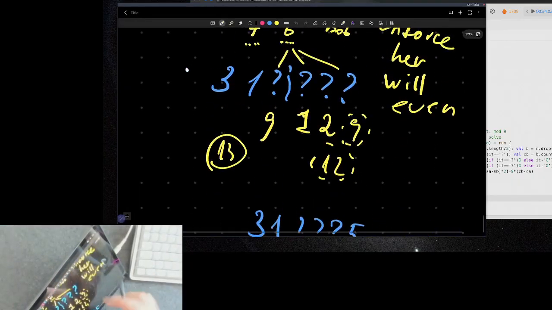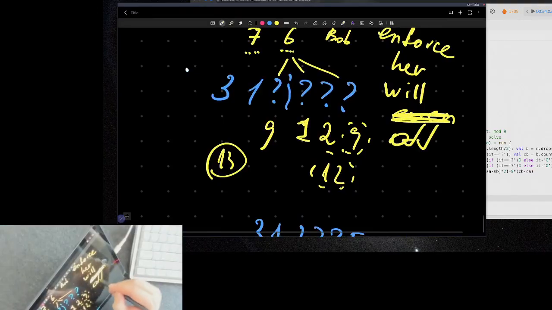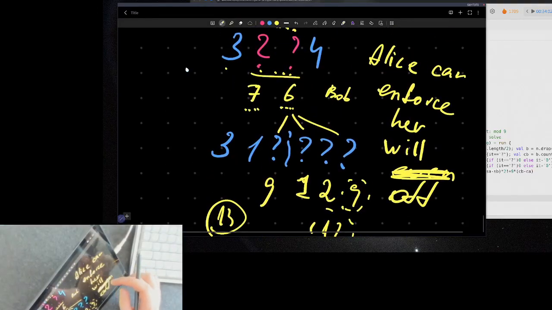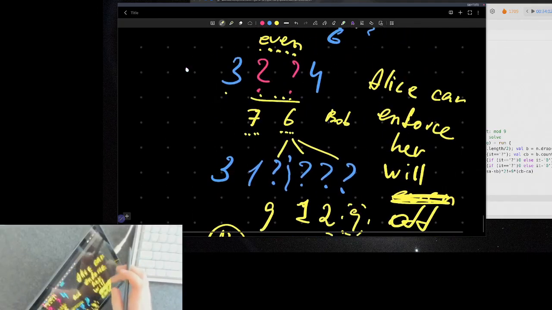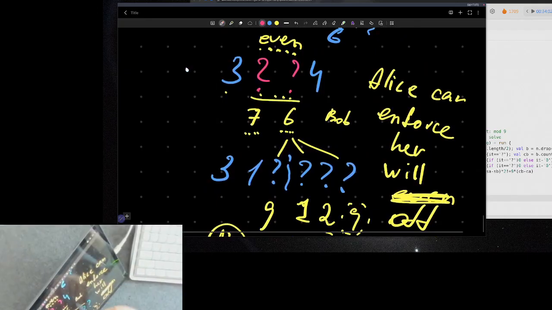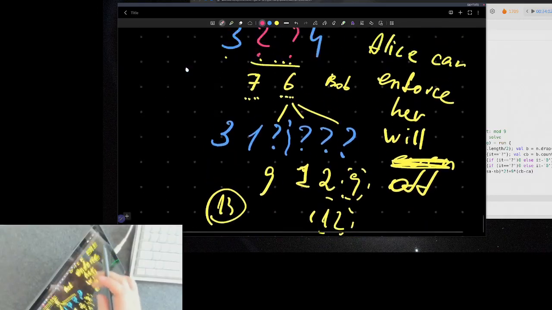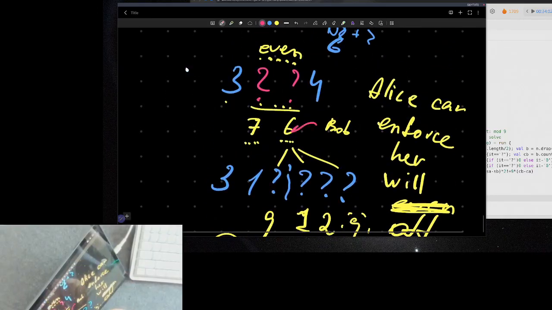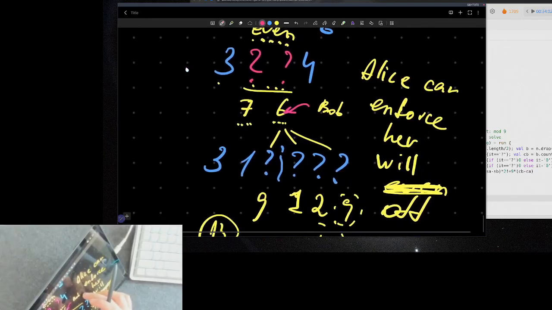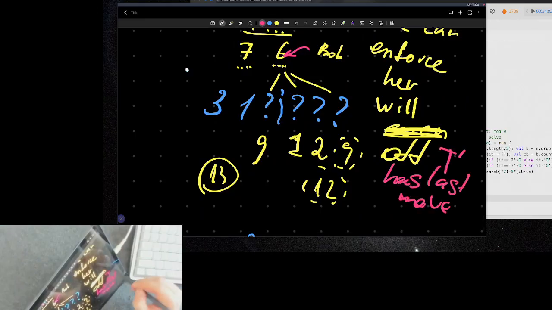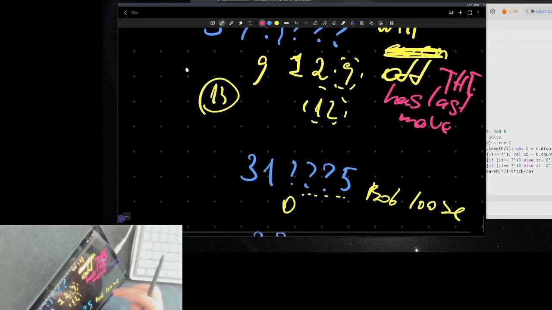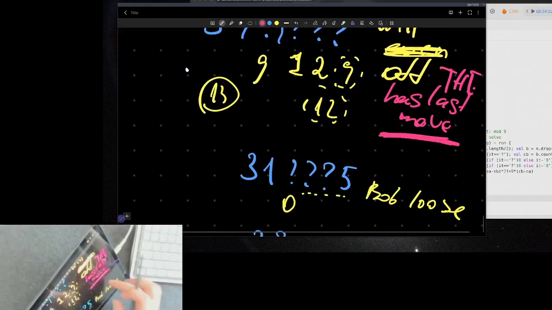So for the odd, Alice can enforce her will because she has the last move. If we have even, Bob can theoretically mitigate, but if Alice has the last move, then she decides the outcome.